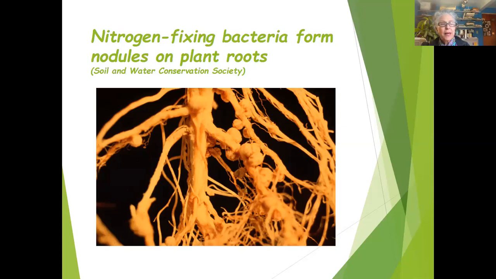However, it really isn't the plant doing this, it's the bacteria that fixes the nitrogen and provides that nitrogen to the plants in exchange for the carbohydrates that plants are making through photosynthesis. This is a symbiotic relationship.